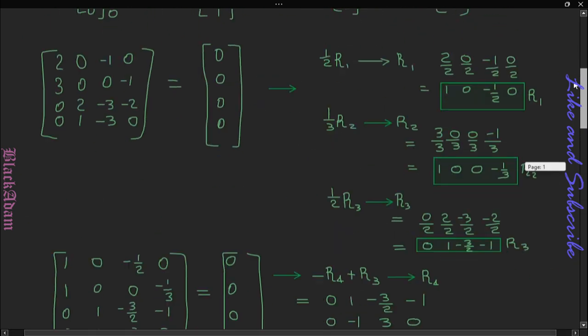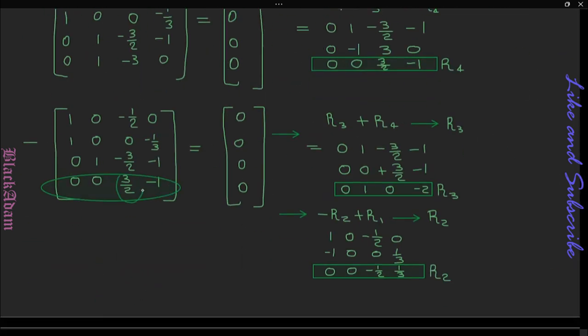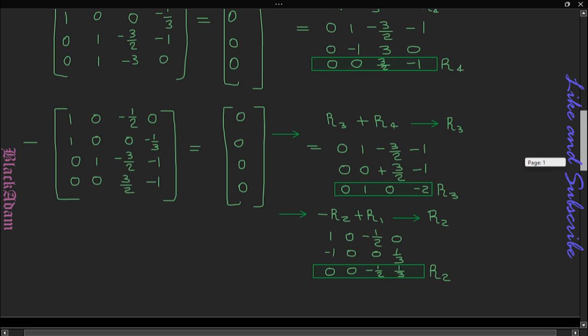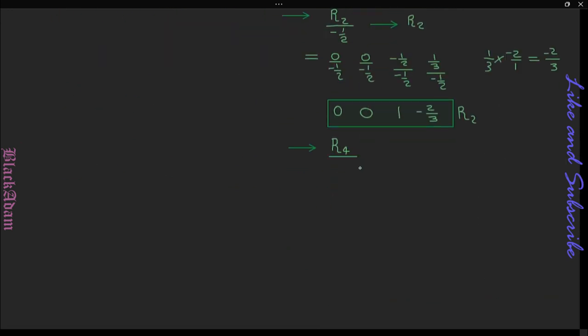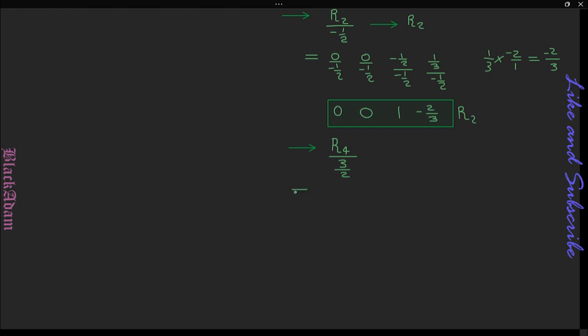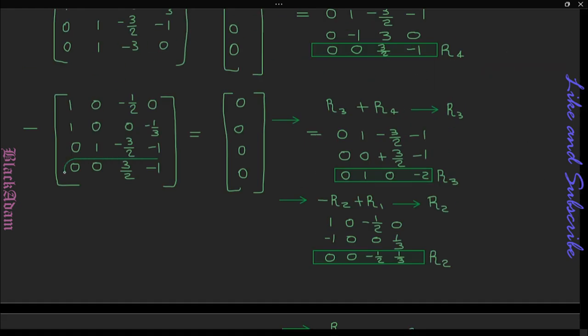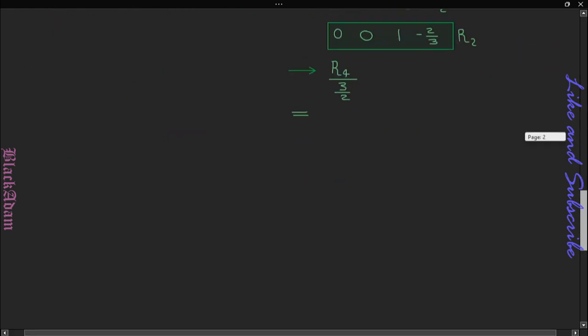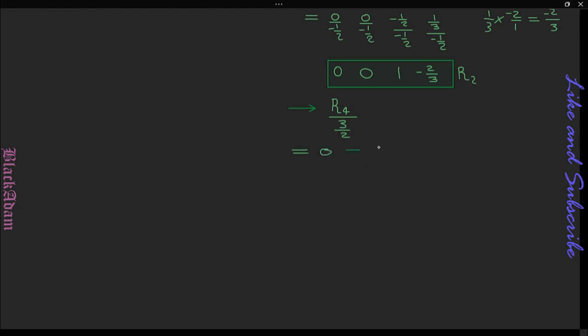And now we have row 4, and we have to divide it by the leading coefficient to make it 1. Which means you divide all the entries by 3/2. So that would be 0, 0, 3/2 and 1.